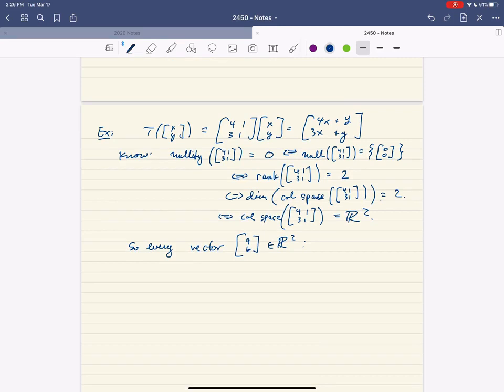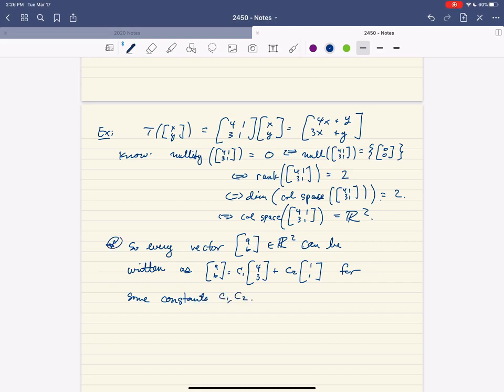So every vector in R2 can be written as a linear combination: c1 times 4, 3 plus c2 times 1, 1, for some constants c1 and c2.